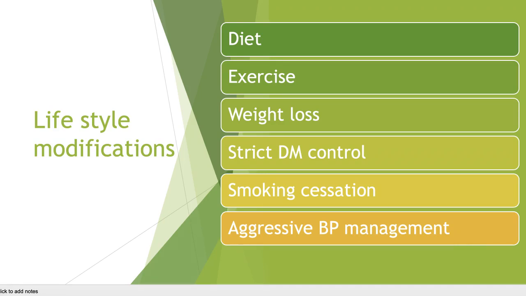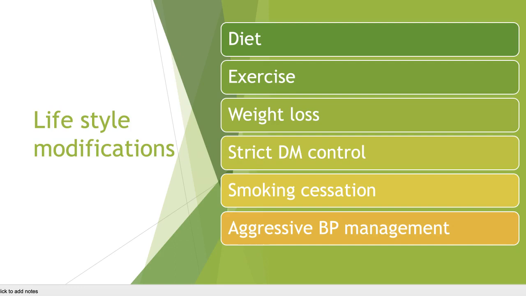Probably the most important thing that you can do for your patients is educate them on lifestyle modifications. Obviously, reducing fats in their diet. They want to decrease eating fried foods.